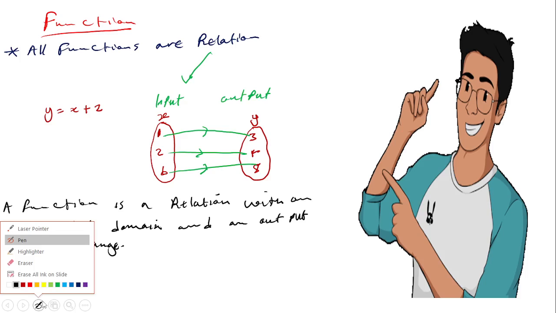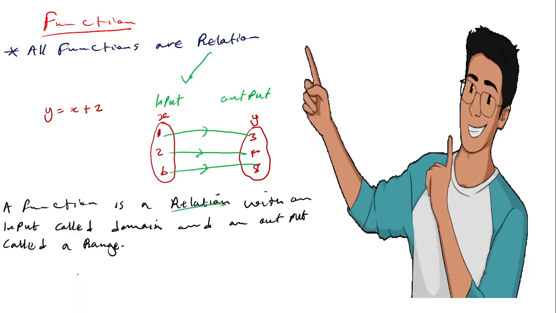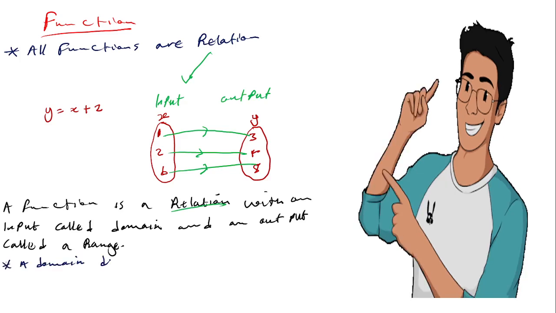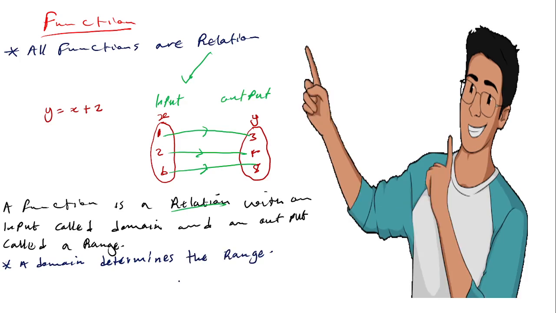One thing you need to understand is that in a function the domain determines the range. I need to write that and take note of it. It's very important. So a domain determines the range. In short, the range depends on the domain, and this domain has a unique range.